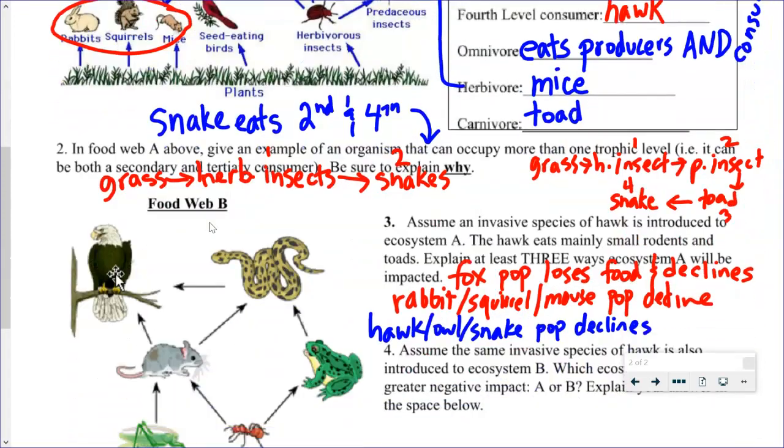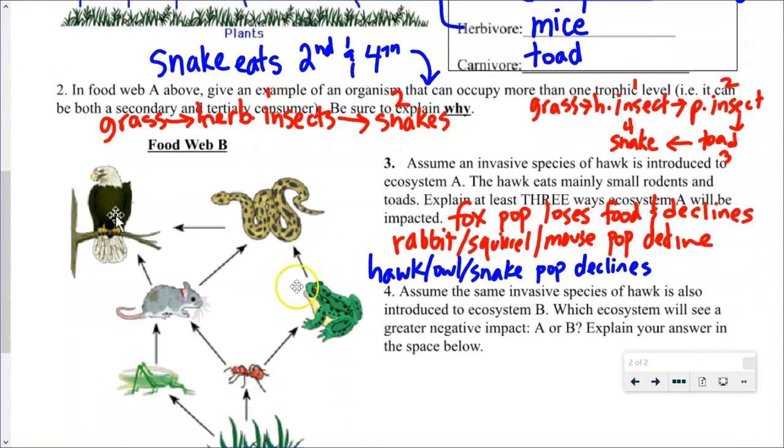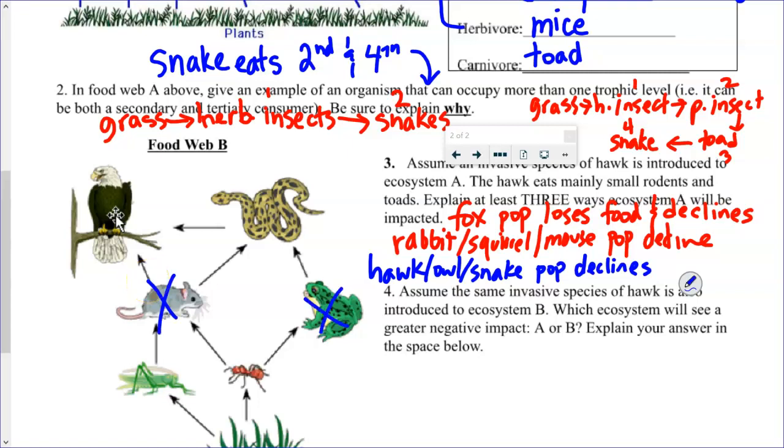The last thing you're going to be asked to do is to compare 2 food webs and see if you can find out which one is going to have a greater negative impact if we add that invasive species, right? So this invasive species was added to ecosystem A above, but it's also added to this one. There's my rodent, there's my frog, right? And this new species of hawk is coming in and it's eating those rodents and frogs.